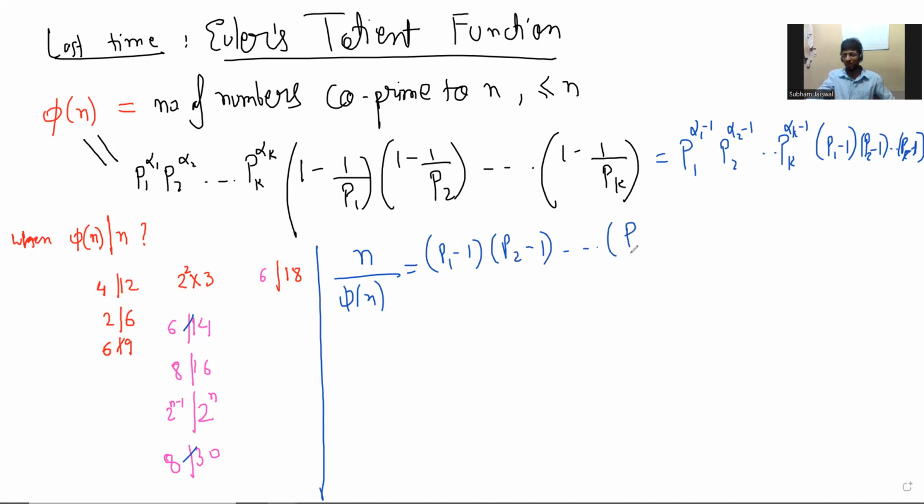Okay, I might be wrong in saying that 2 has to be there. I was just thinking. So p1, p2, till pk. If you divide everything, then this is what you get. No, so it's the opposite of this. This will never be an integer, right? It's less than 1, and it will be the opposite of it.